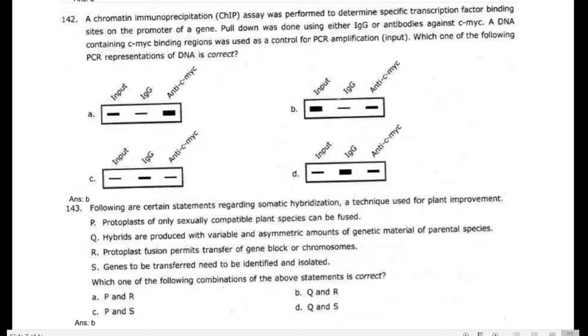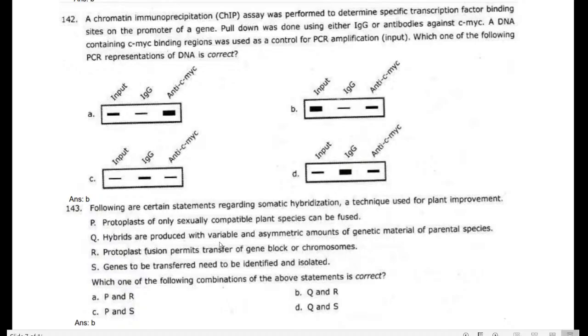It is one experimental example. Many plant researchers are doing this somatic hybridization, because in the coming days plant production and agriculture will play a vital role in human revolution. So we want to do this kind of experiment. This is all about somatic hybridization, a technique used for plant improvement. What is the correct combination? Q and R is the correct combination.